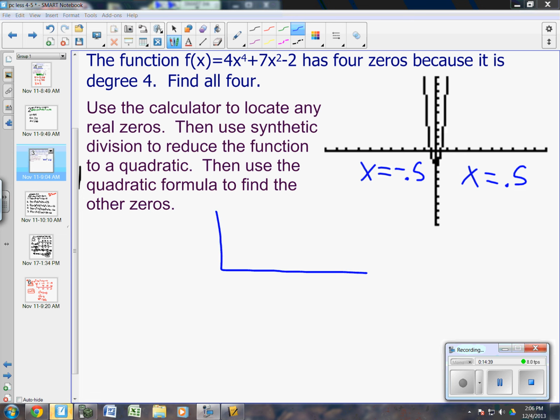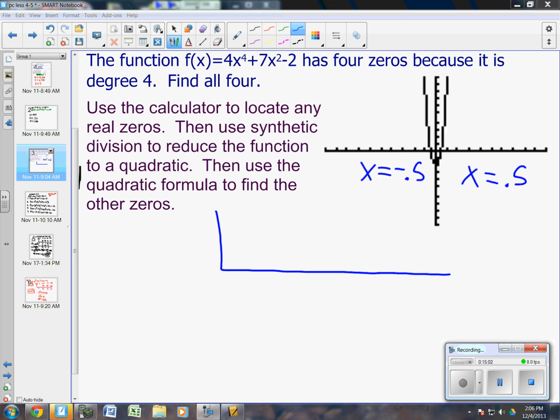What we're going to do, listen carefully. I want all eyes right here. We're going to take this 4th degree polynomial, and we're going to divide the negative 0.5 into it.